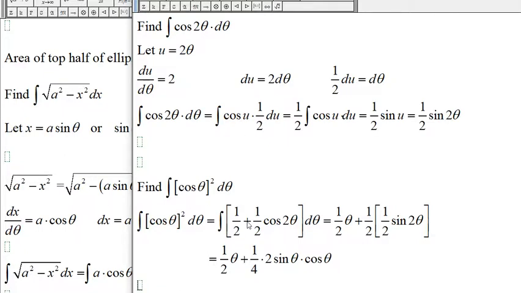From trigonometry, we have an identity: cosine squared is the same as 1/2 plus 1/2 cosine of 2 theta.